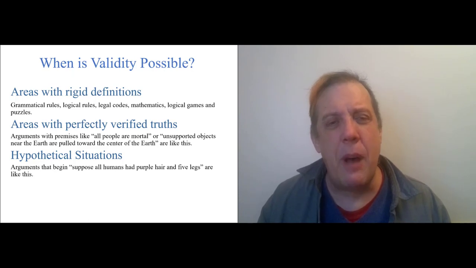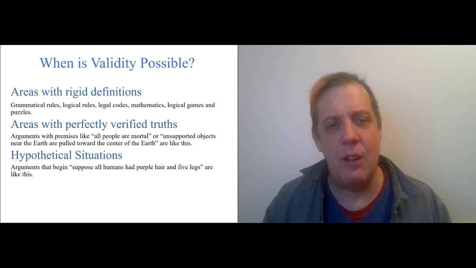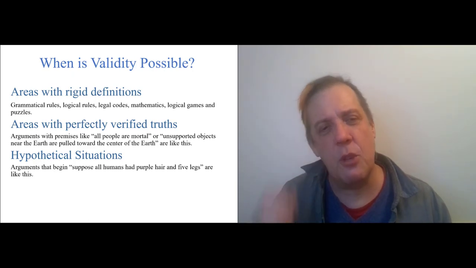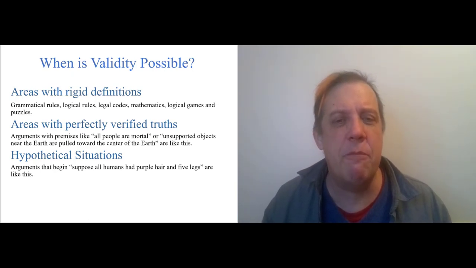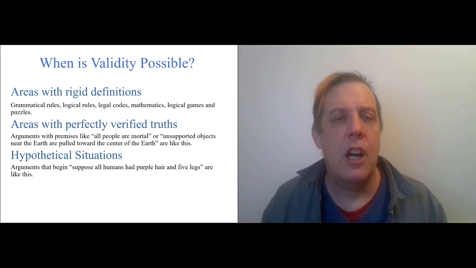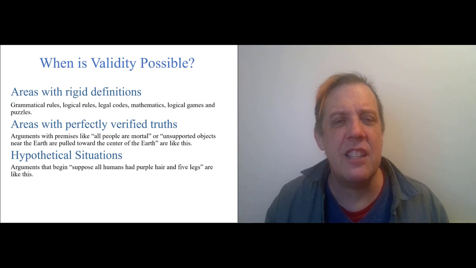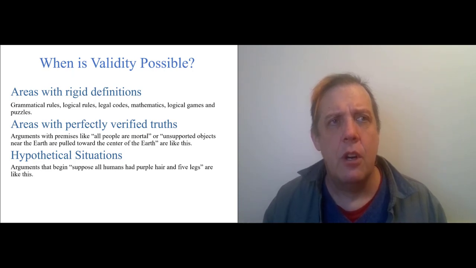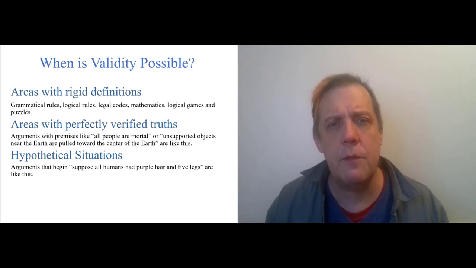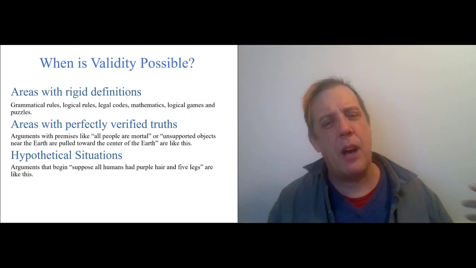Valid arguments are also possible in hypothetical situations if we just imagine that we've got a perfectly verified truth. So we can say, all humans have purple hair and 5 legs, or all people are carrots. As long as we're imagining that these universalizations are as true as 2 plus 2 is 4, then we can make validity possible.